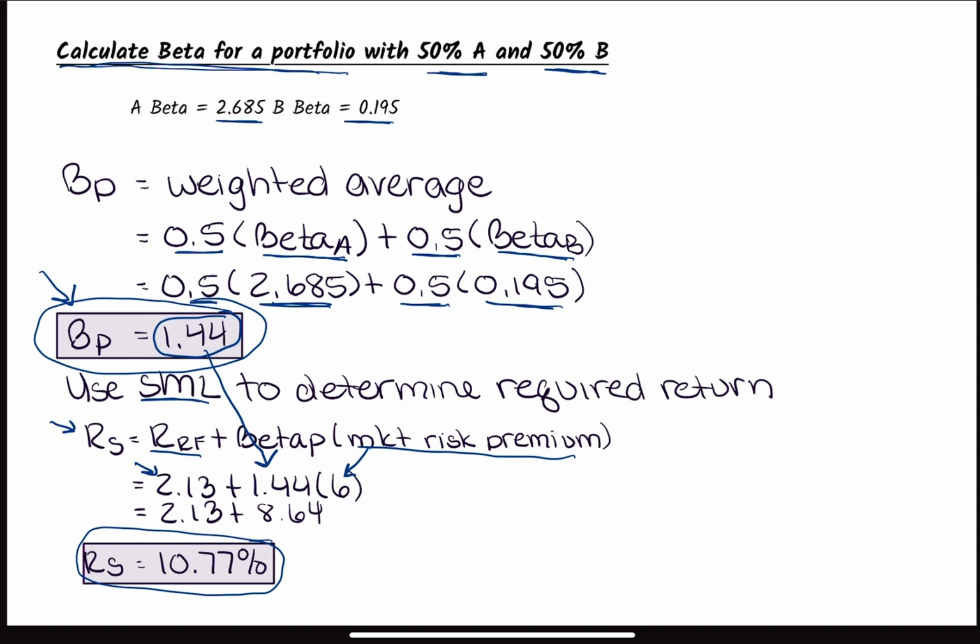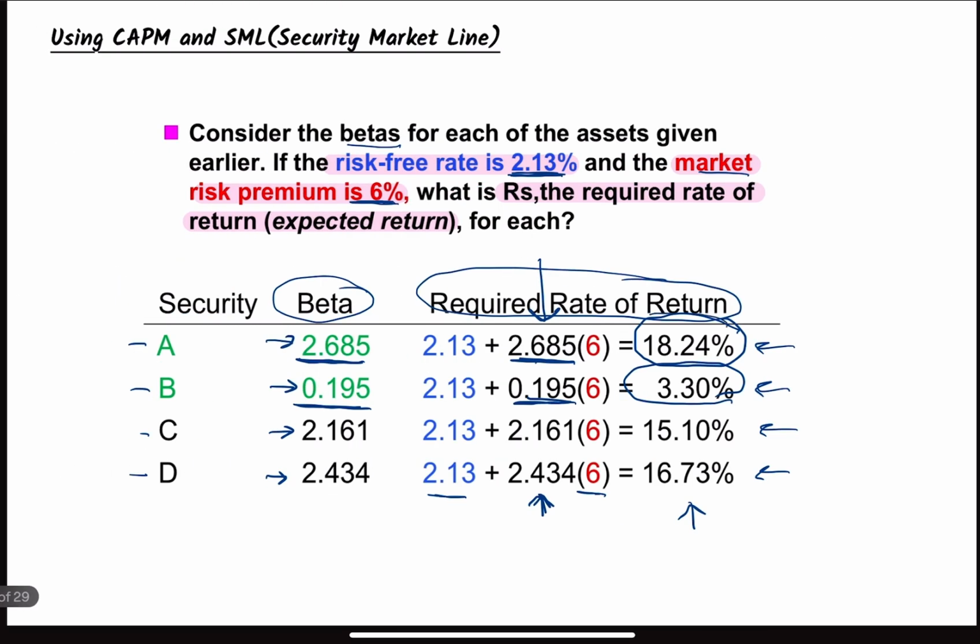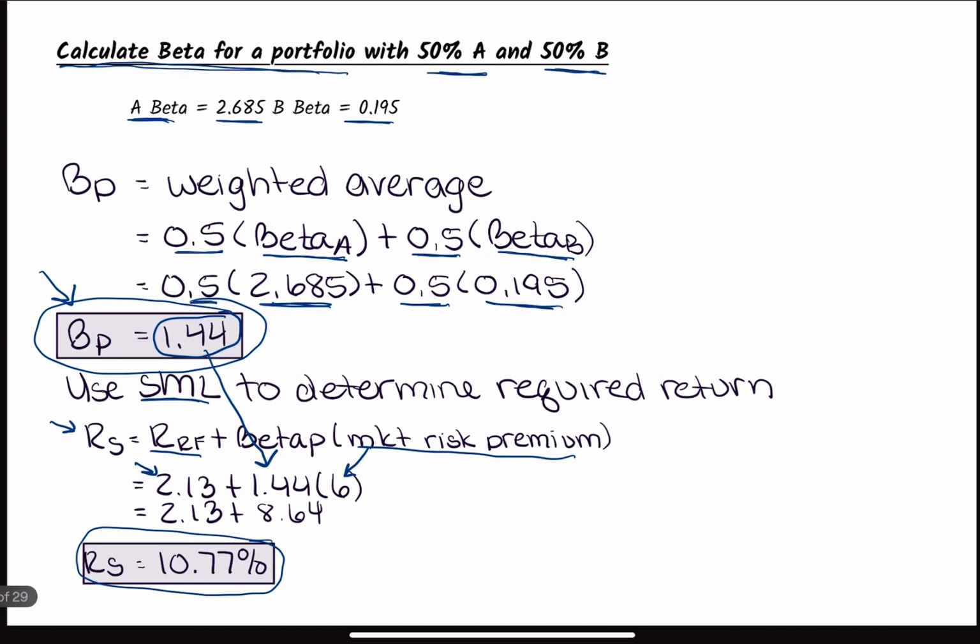Now, if you notice, these two stocks were on the previous slide. Stock A had a required return of 18%, right? Stock B had a required return of 3.3%. But if we put them together in a portfolio, half and half, our required return is now 10.77%.